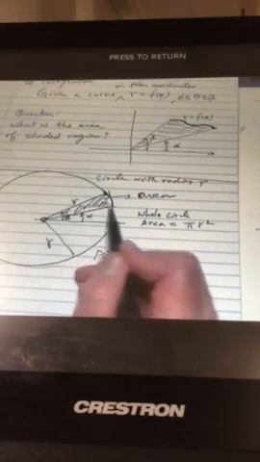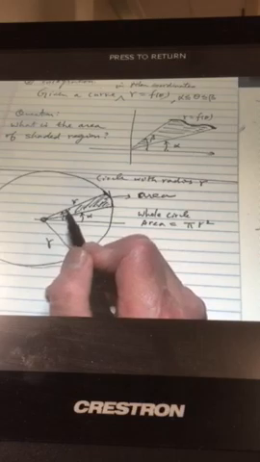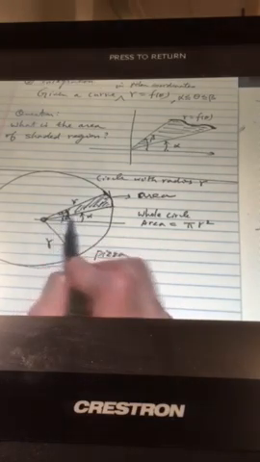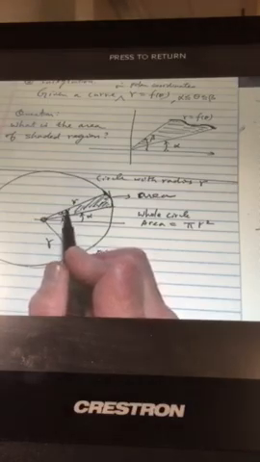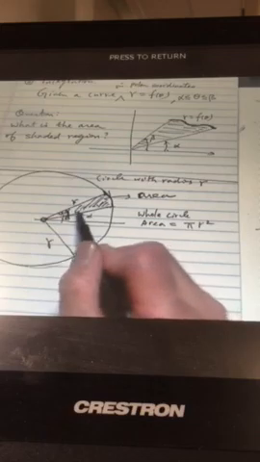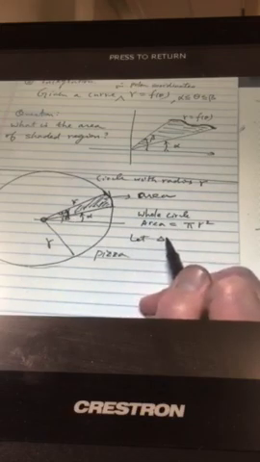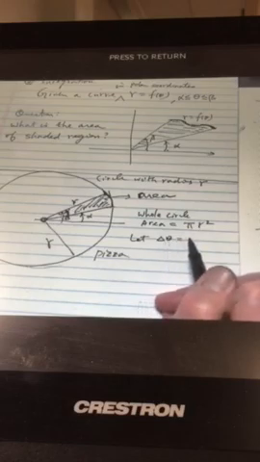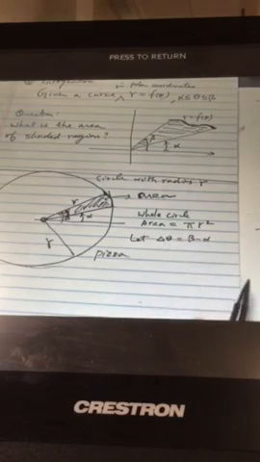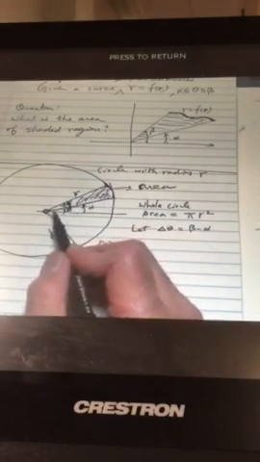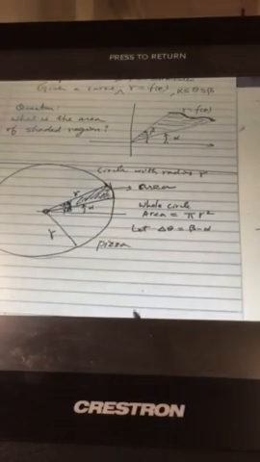This is a small slice. This is alpha, this is beta, so it is this angle. Let me let delta theta be beta minus alpha. So how large is this one? Well, it's all proportional.